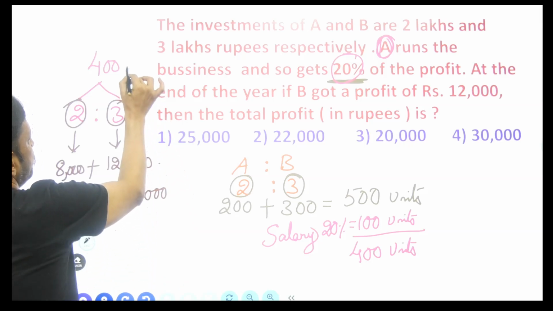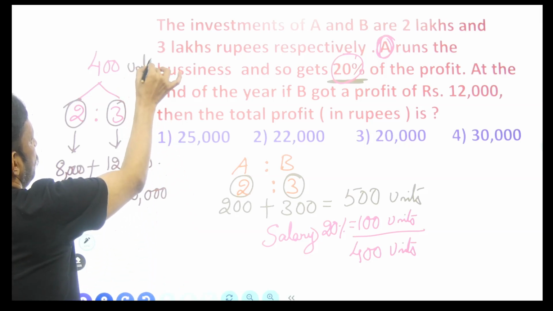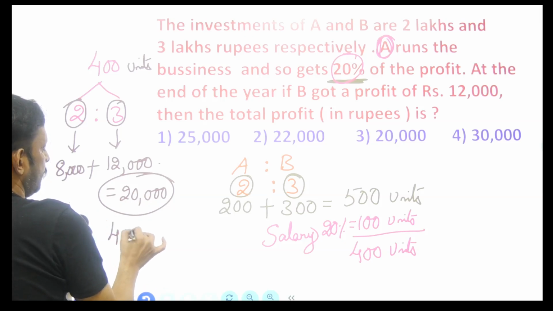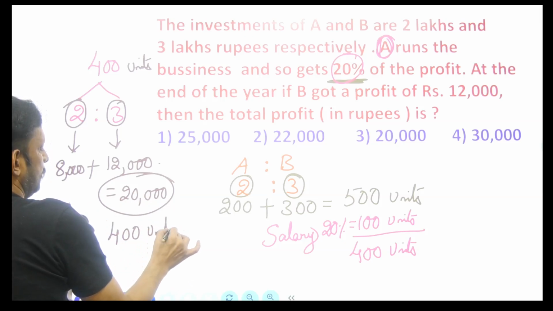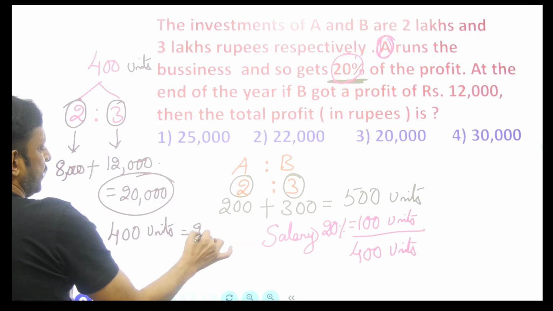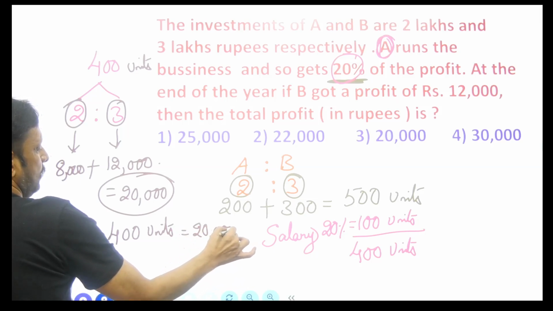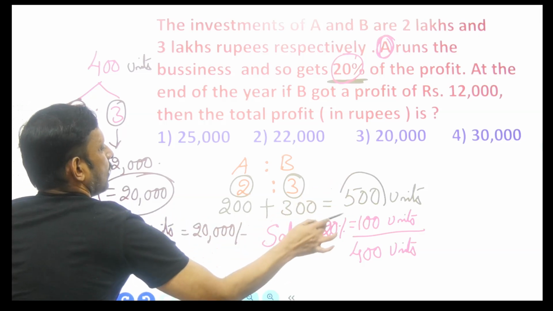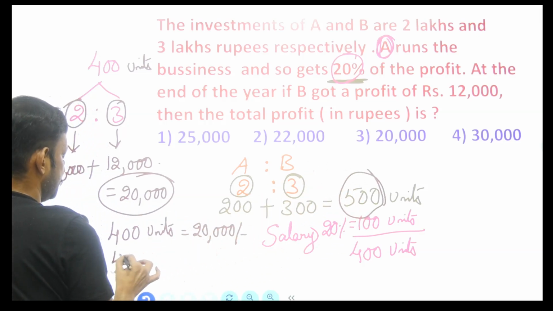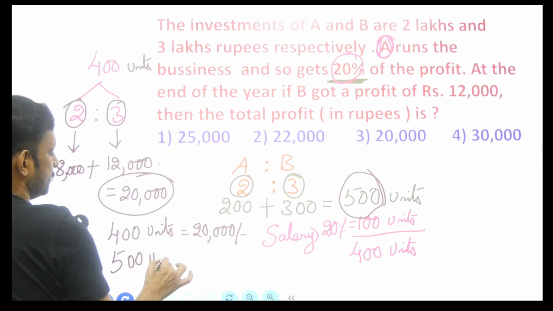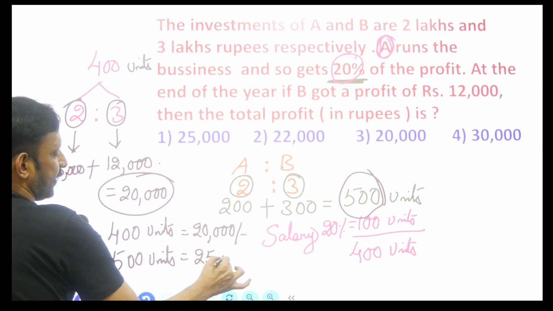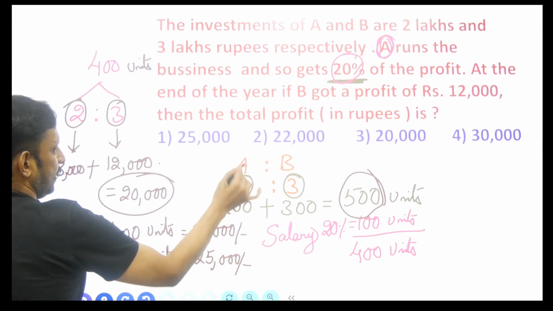So this 400 units value is 20,000. 400 units represents 20,000. Then what is the total profit? Total profit is 500 units. If 400 units is 20,000, then 500 units is 25,000, which is given in the first option.